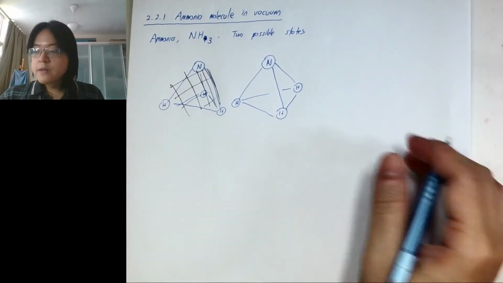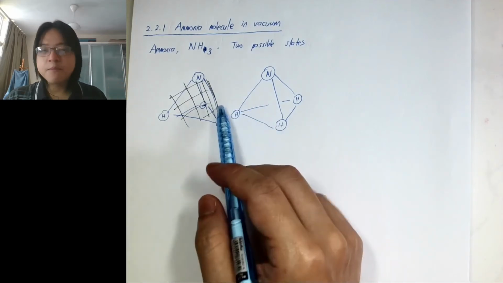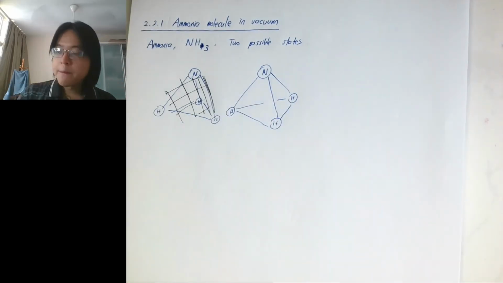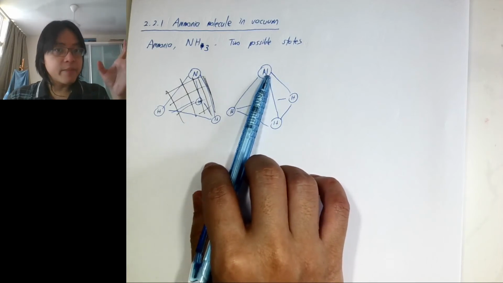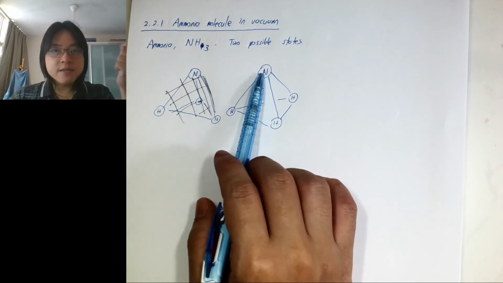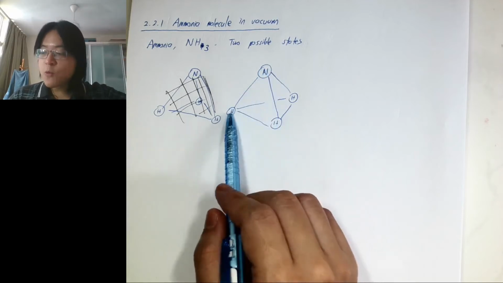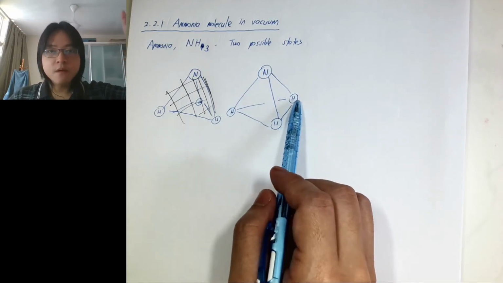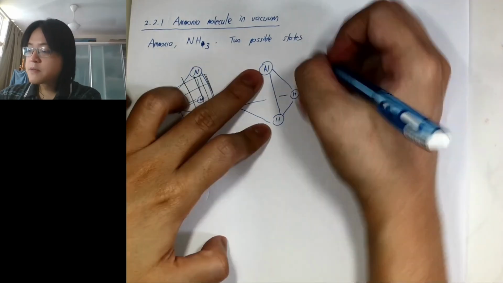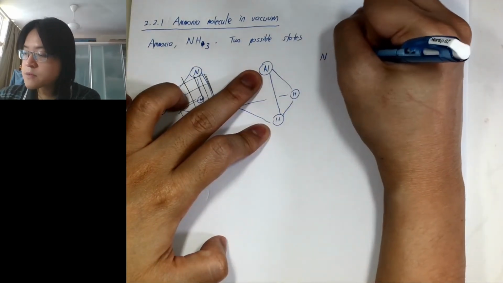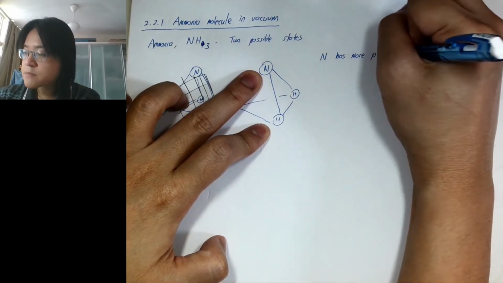Now, we haven't learned a lot about quantum mechanics or chemistry, but what we do know is that nitrogen has a higher atomic number. So the nucleus of the nitrogen atom has more protons, while each hydrogen has only 1 proton.